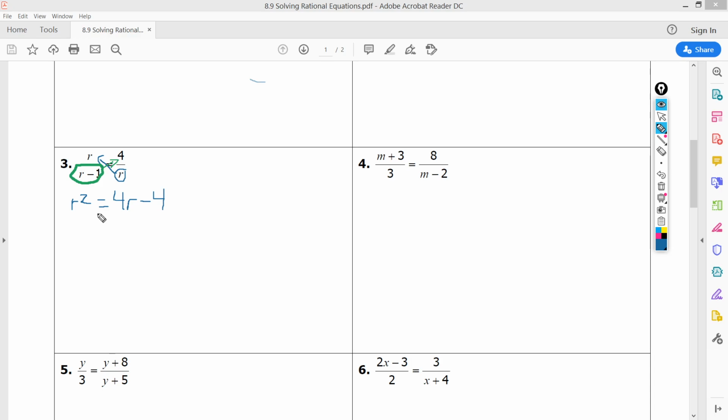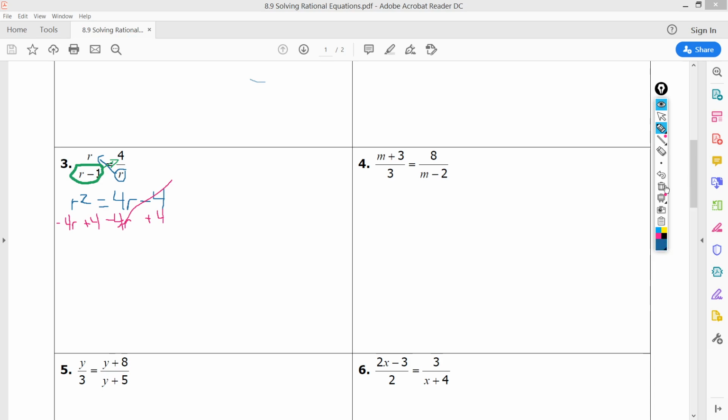Now I want to solve this for 0. So to do that, again, don't subtract the r squared. You don't want a leading negative, okay? Instead, subtract the 4r on both sides and add the 4. Okay, so this all cancels.